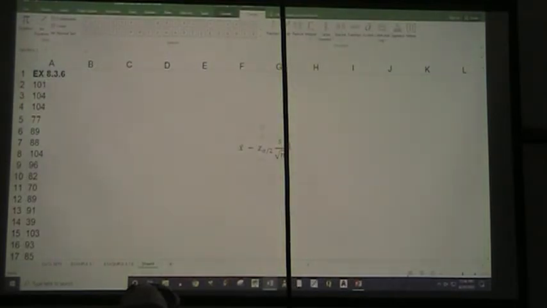Okay, and because I am so lazy, I am going to just copy that. We want the mathematical symbol for less than or equal.